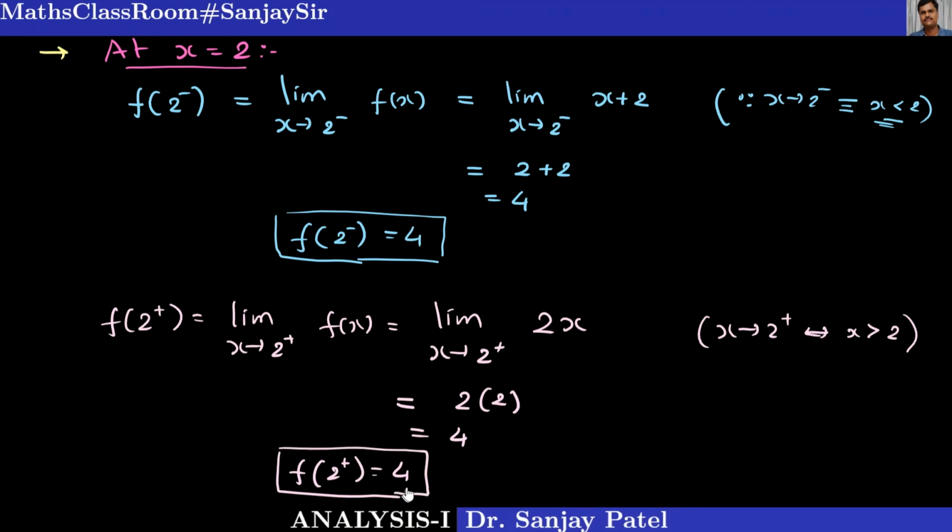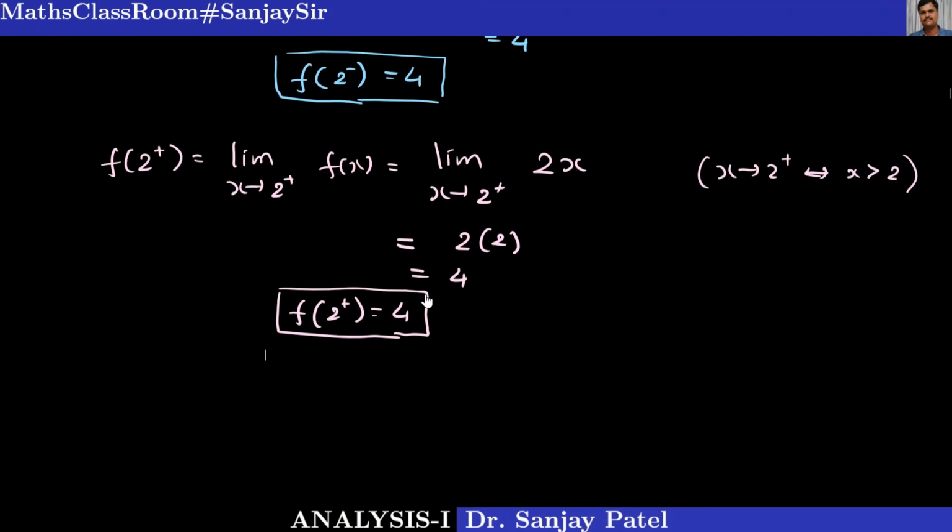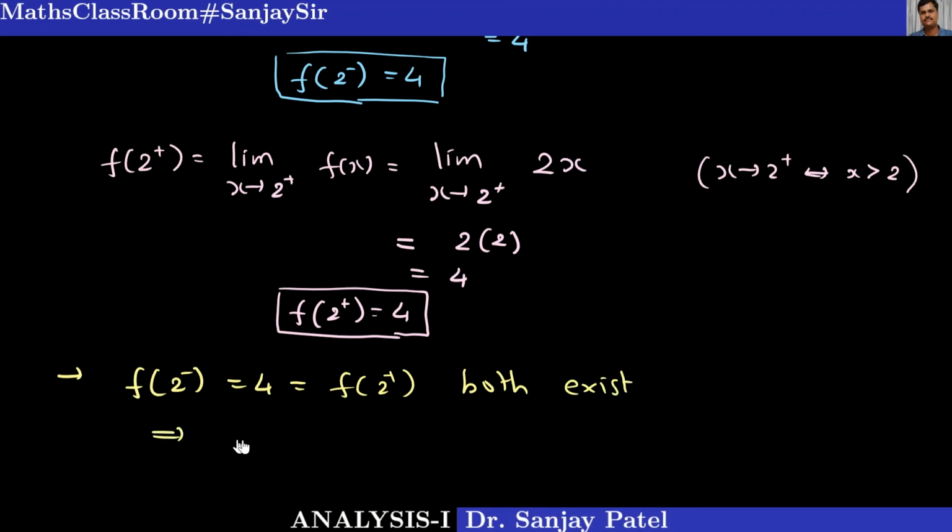From these two, it follows that the left limit and right limit of the function both exist and are equal. So my first conclusion here is f of 2 minus is equal to 4 is equal to f of 2 plus, and both are finite real numbers, so both exist. That means limit x tends to 2 f x exists and is equal to 4.